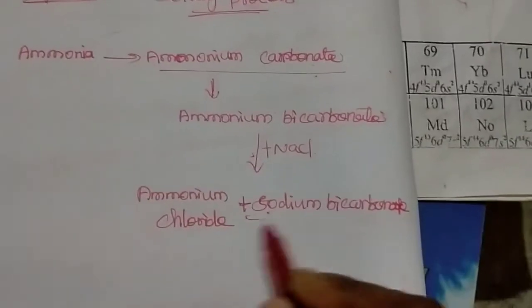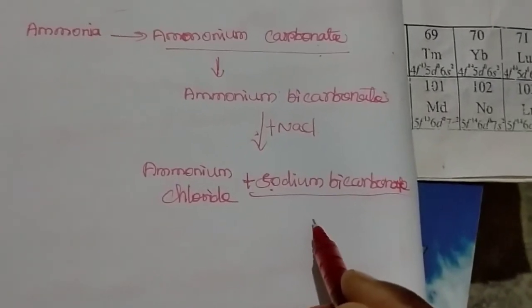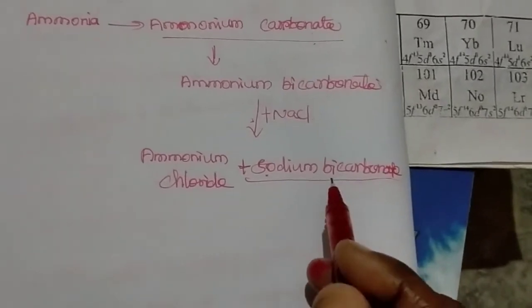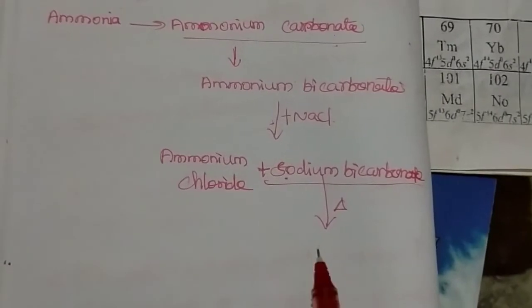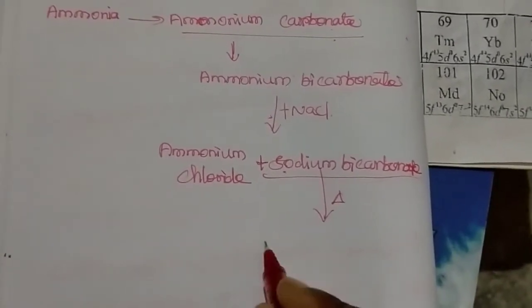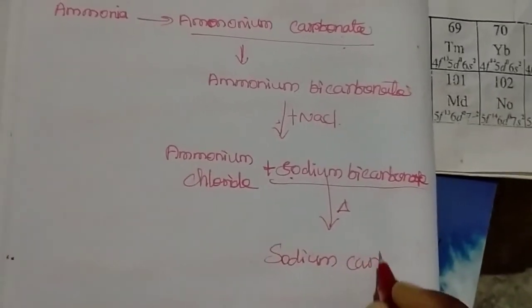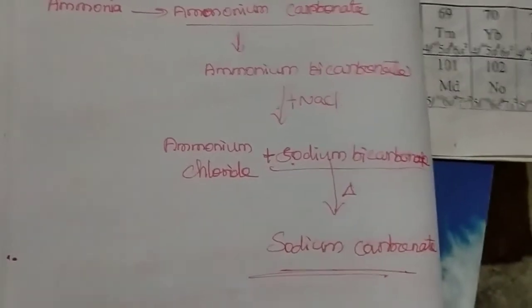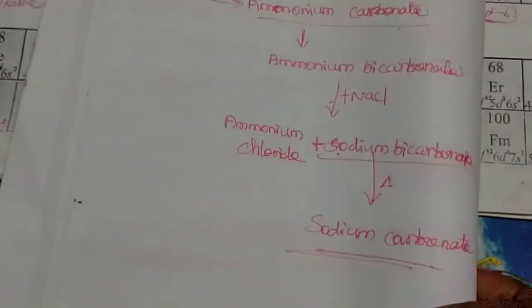The precipitated sodium bicarbonate is isolated and heated. Because of this heating process, the sodium bicarbonate produces sodium carbonate, which is the major product. These are all the steps involved in the preparation of sodium carbonate.